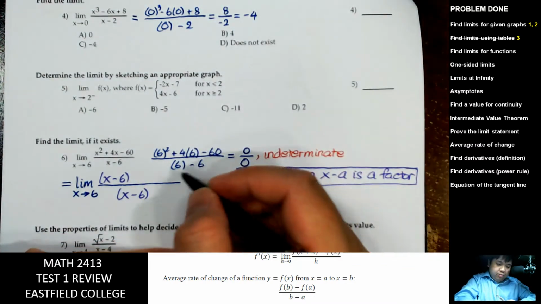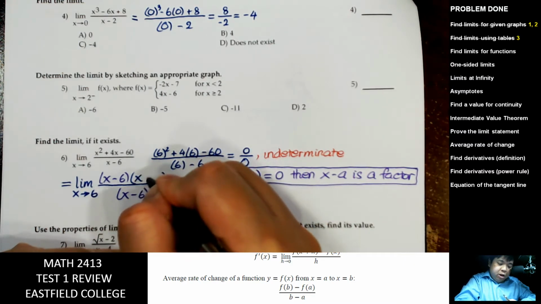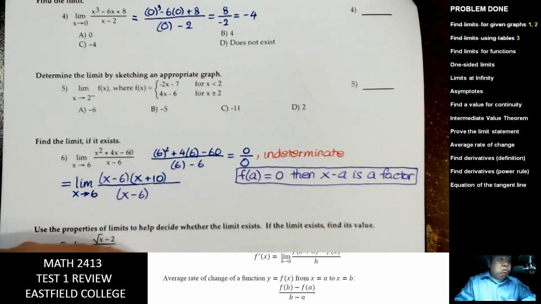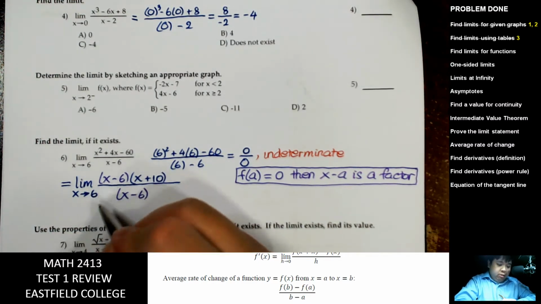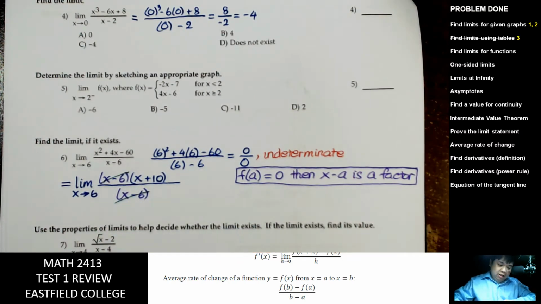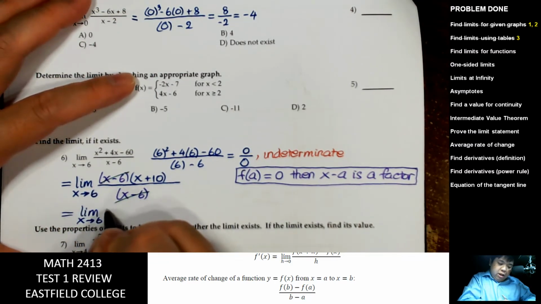And then to get to negative 60, we need to have a plus 10. Right. At the bottom, that's good. So we don't need to do anything. Now, cancel this out. We just have x plus 10.